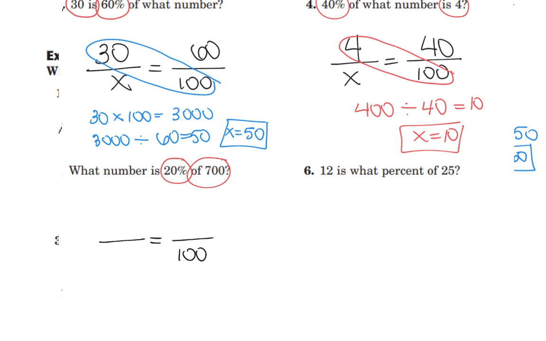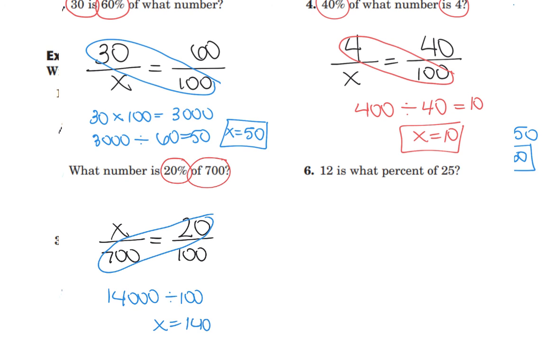So the 20 has the percent symbol, so it's going to go above the 100. 700, that word "of," helps me to know that it's the whole, so it goes in the bottom left. So now we're going to cross multiply this way. 700 times 20 equals 14,000 divided by the leftover number, which is 100, and X equals 140. That is our missing part.